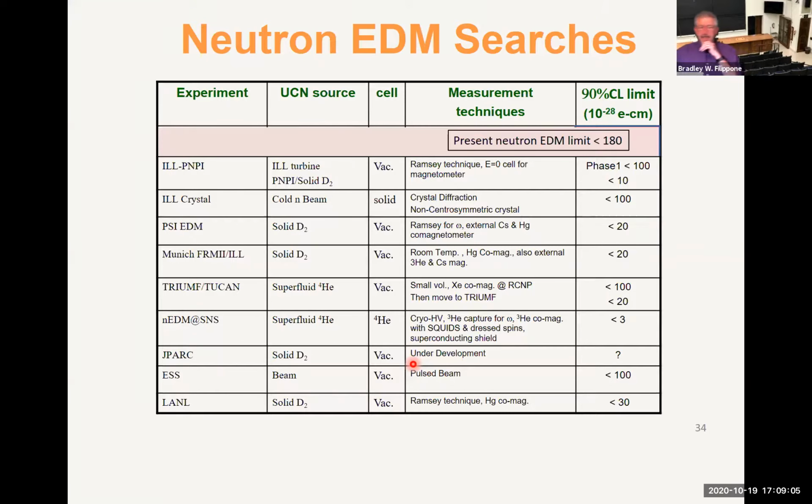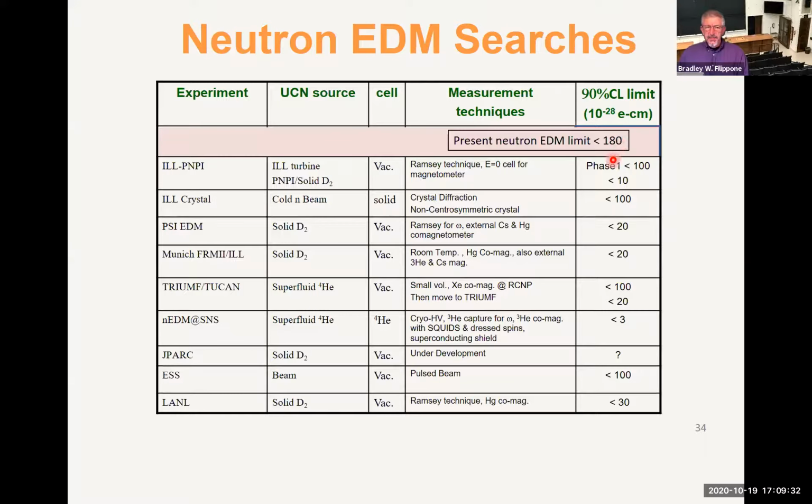Just to give you a picture of where things stand in the world, I said this is a very active field. Many of those facilities I showed you earlier are now using these super thermal UCN, ultra-cold neutron sources that have been developed in the last 20 years to do electric dipole moment experiments. The present limit, in units of 10 to the minus 28 centimeters, is 180.